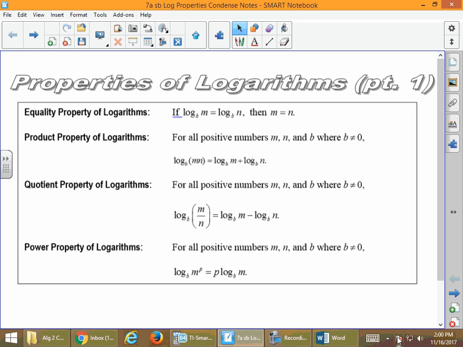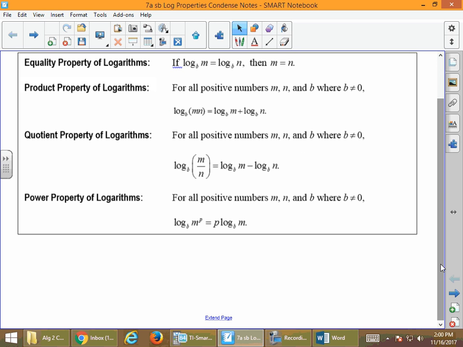In fact, I'm going to start with the last property because it's the one that we always need to look for first. It's the power property of logarithms. If you took Algebra 2 last year, we spent an inordinate amount of time on this concept. All that the power property says is if we have log base b of m to the p, so we have an exponent on our m there, that exponent becomes a coefficient of the logarithm.